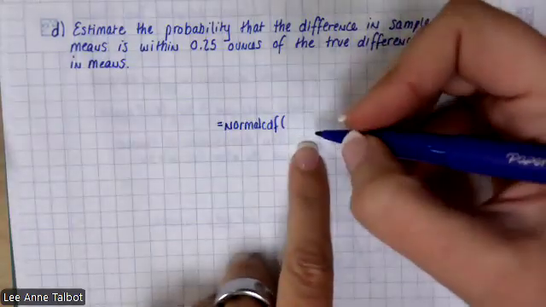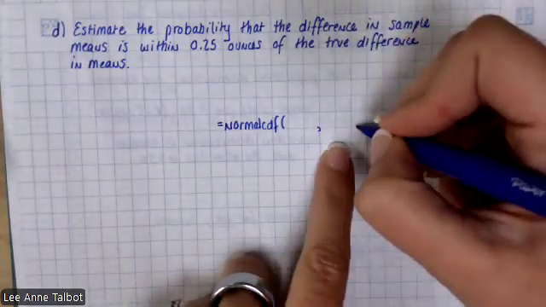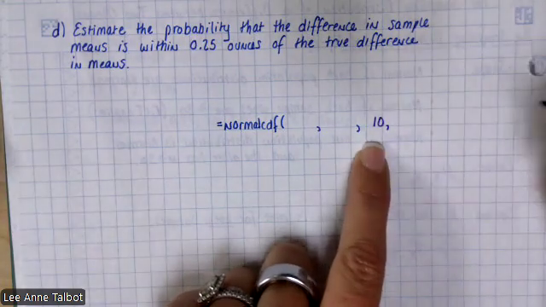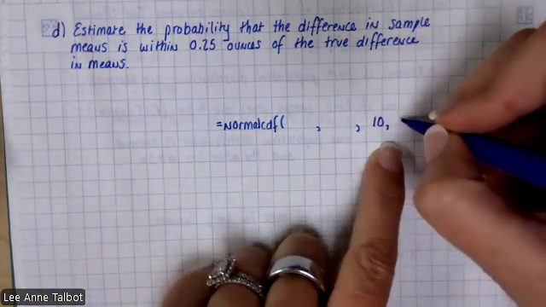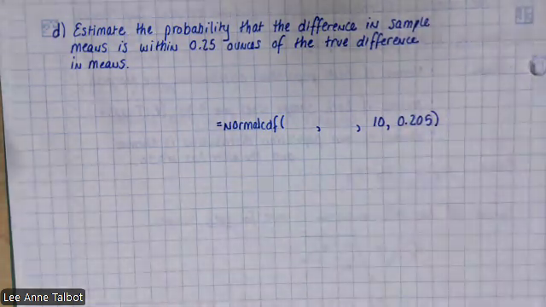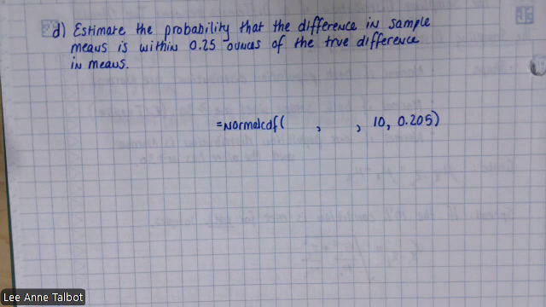We're going to put the low here, the high here. We know the mean is 10 from the previous problem, and we know the standard deviation is 0.205 from the previous problem. Do you guys know where I got those from? From problems B and C that we just did on the previous side of the paper.